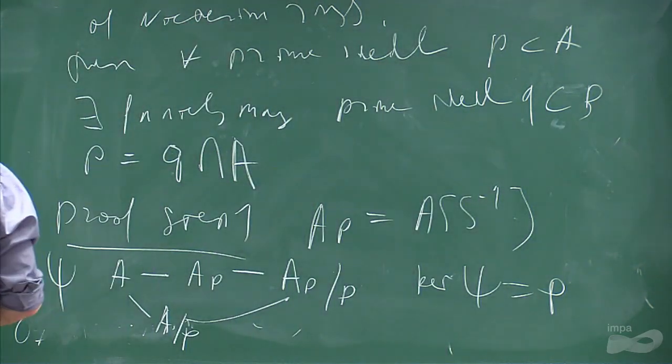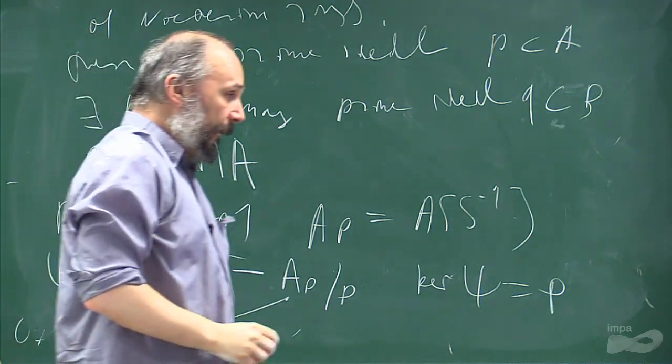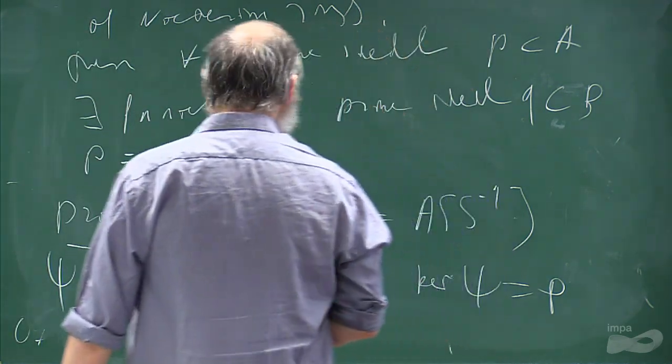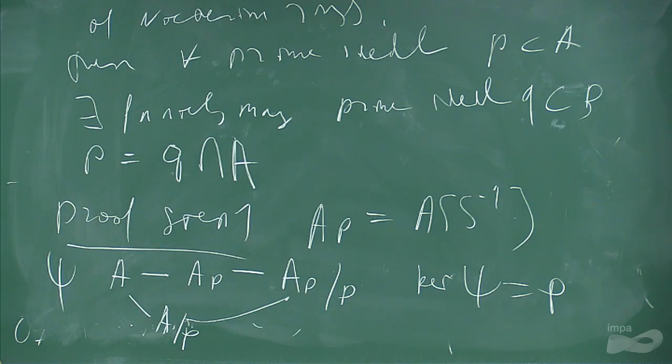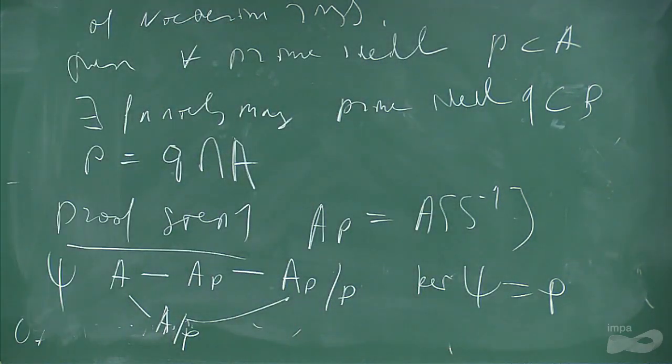Okay, so step 2. Now we have P, we need Q. You have B_P, again B localized in S, at this ideal.